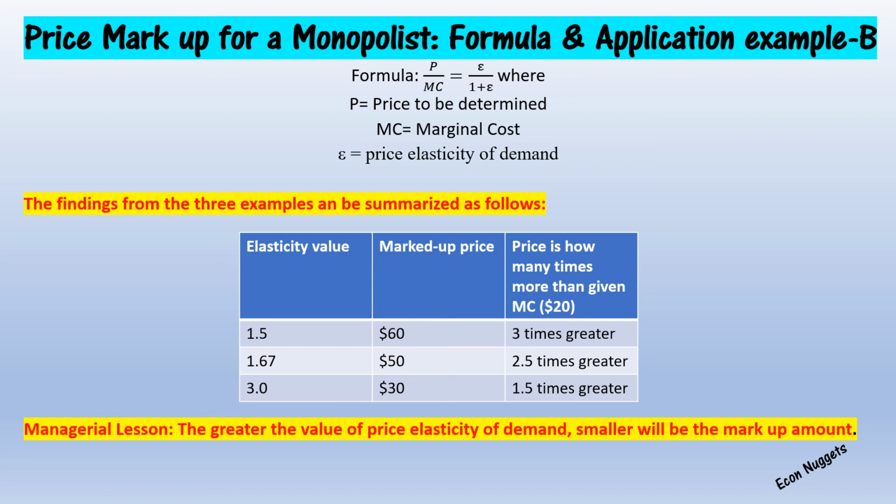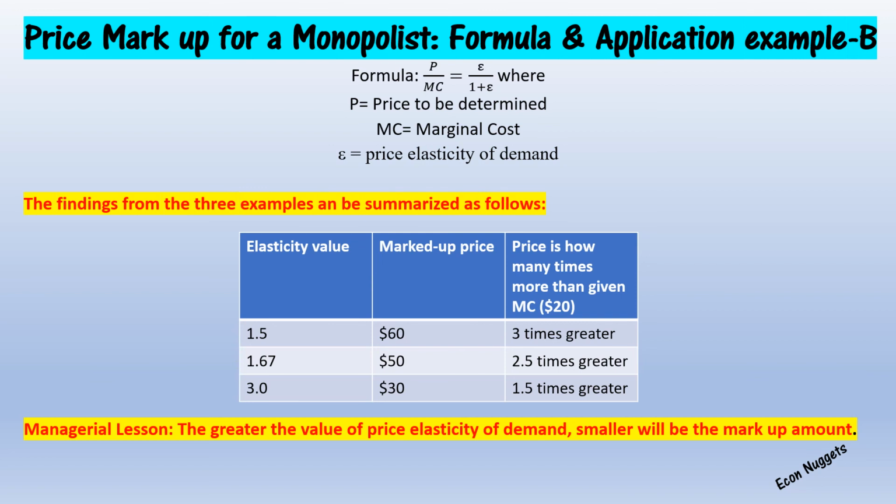So the managerial economist's lesson here is that the greater the value of the price elasticity of demand, the smaller the markup amount. A greater price elasticity of demand also indicates that consumers have more substitutes or alternatives to go to, and that puts pressure on the seller to limit their markup.